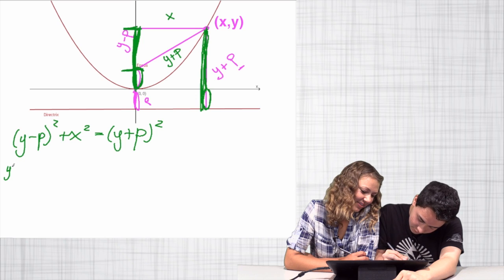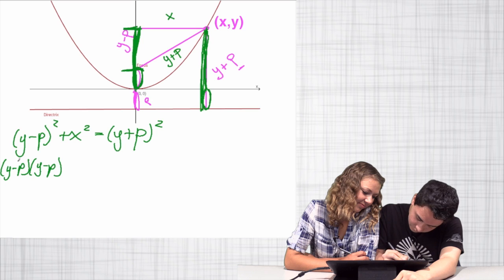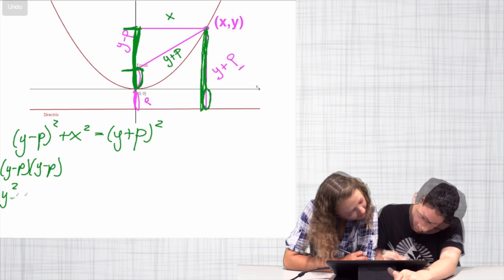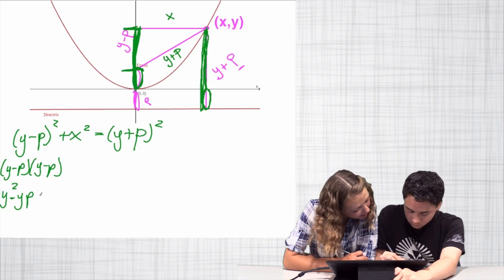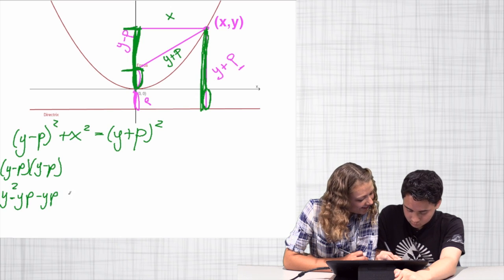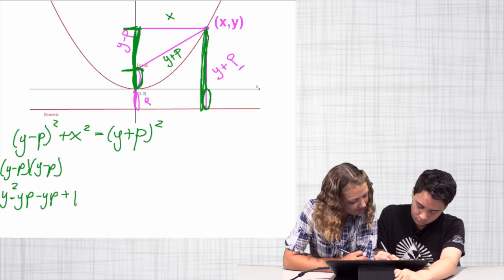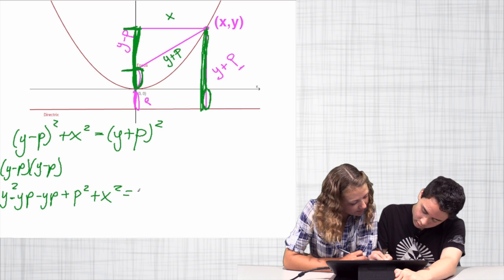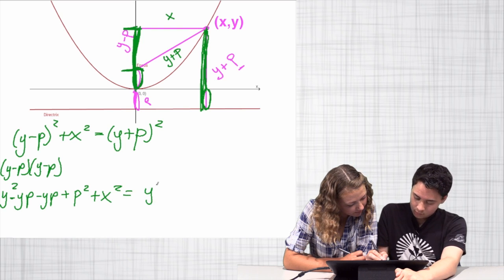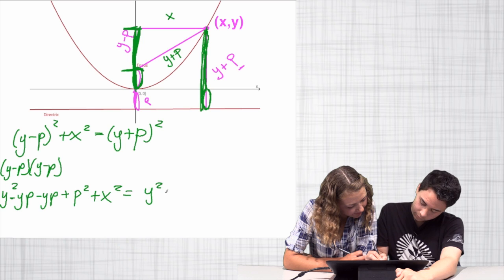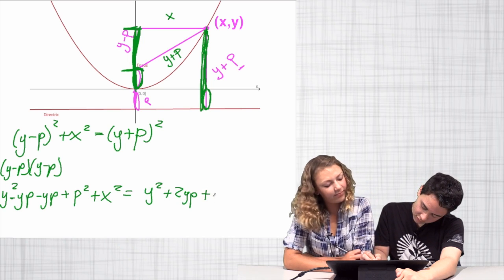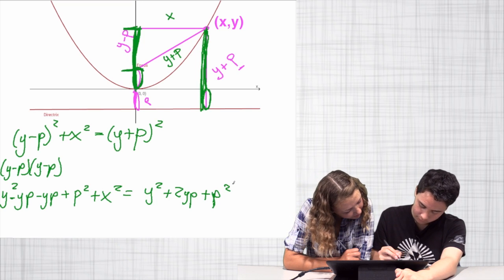Write it out so you don't get confused with the y's. y minus p, y minus p: y squared minus yp minus yp plus p squared, plus x squared equals y squared plus 2yp plus p squared.